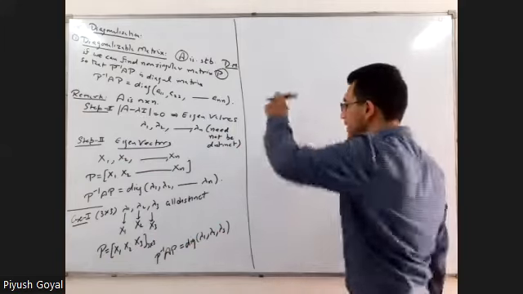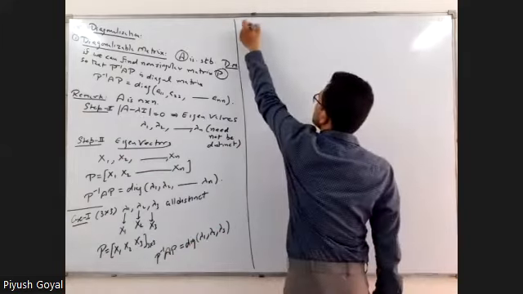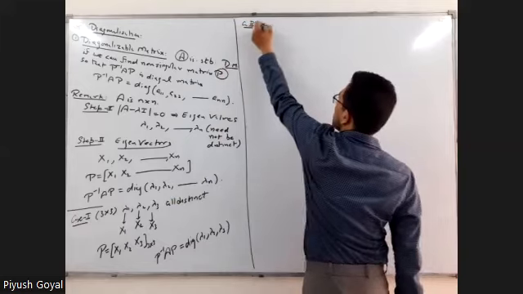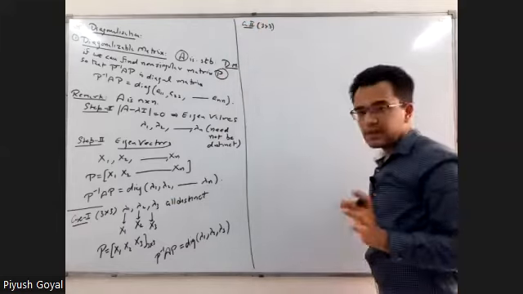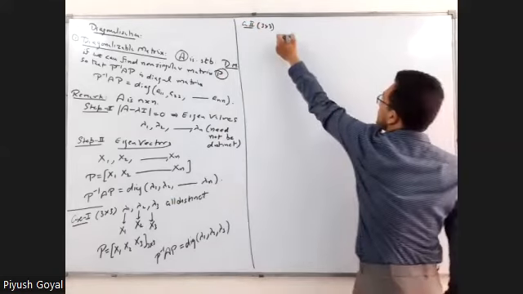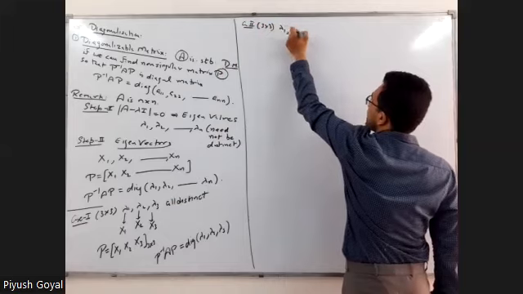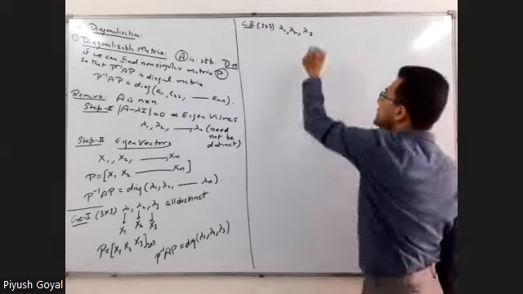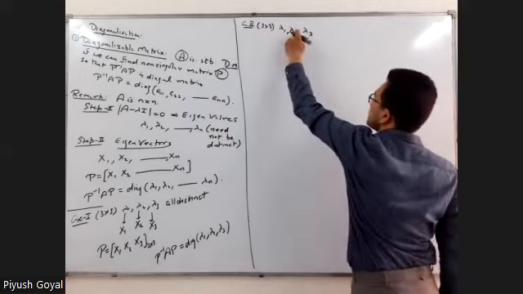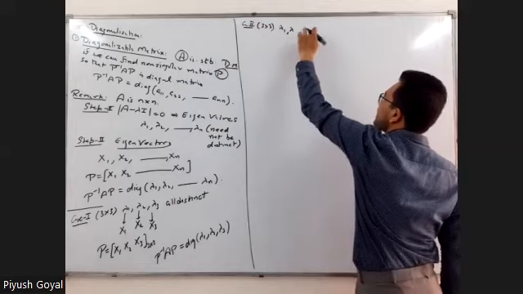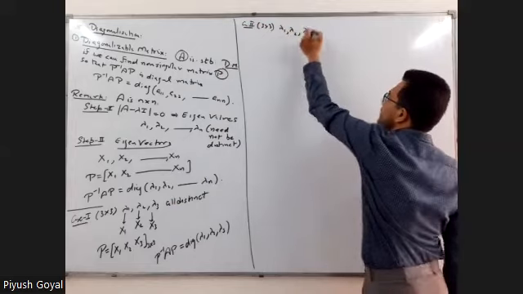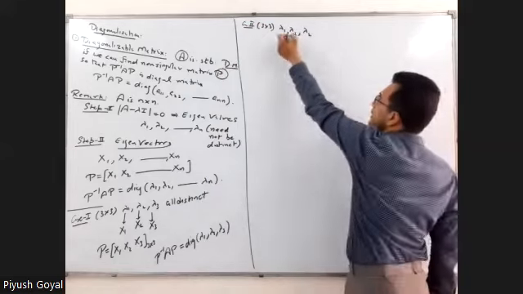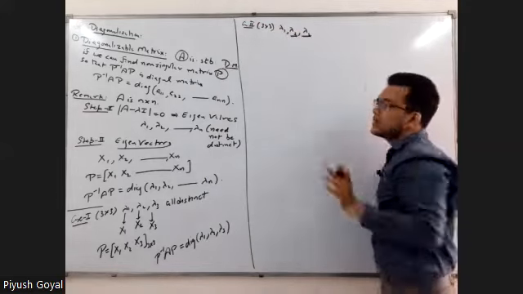Now case 2: you have a 3 cross 3 matrix in which two eigenvalues are the same: lambda 1, lambda 2, and lambda 2.